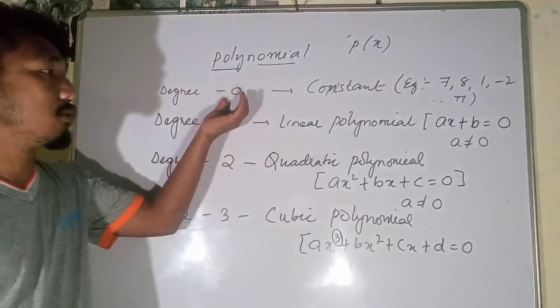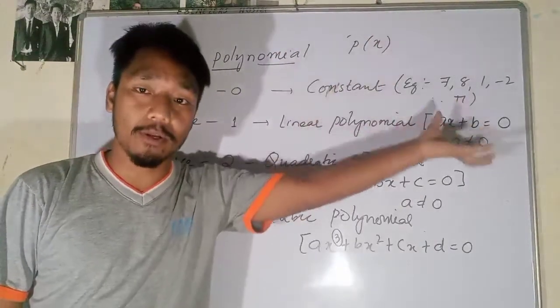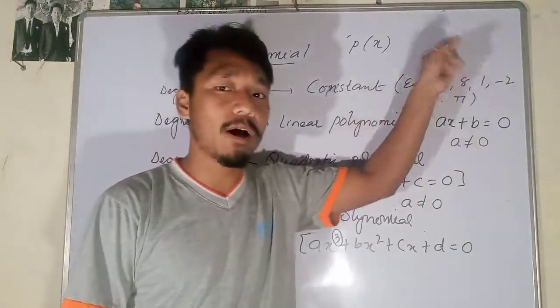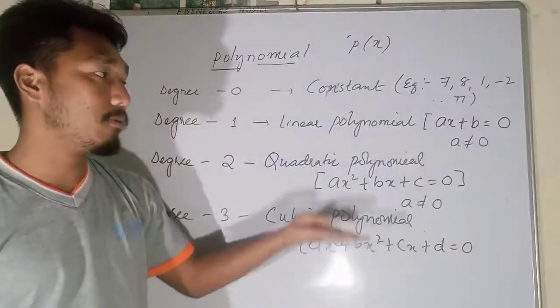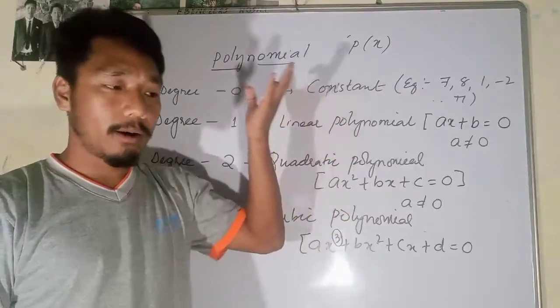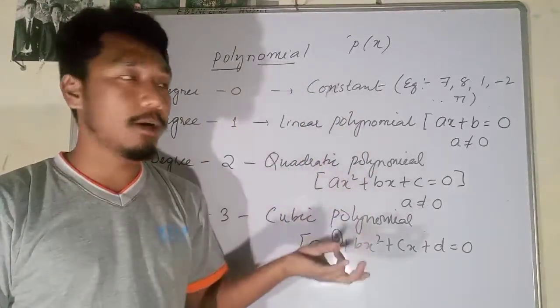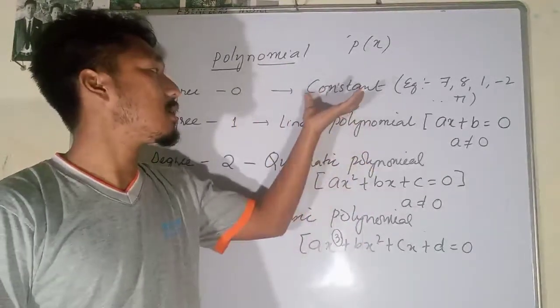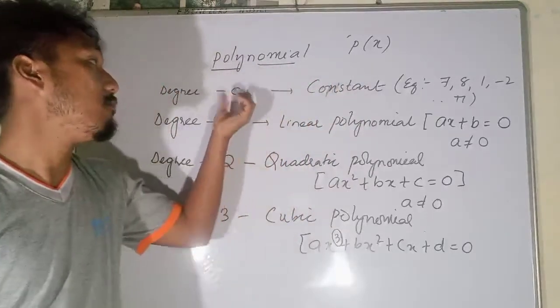If the degree is 0, we consider it a constant polynomial, like the numbers 1, 2, 3, 4, real numbers, whole numbers, natural numbers, irrational numbers; all are constants. Such constants have a degree of 0.